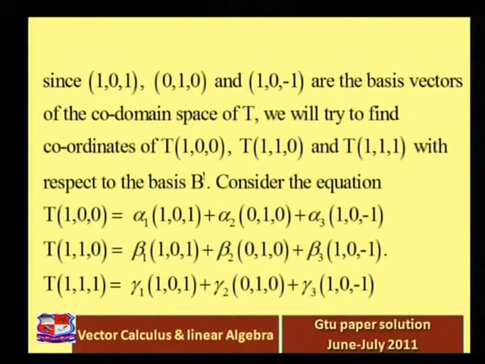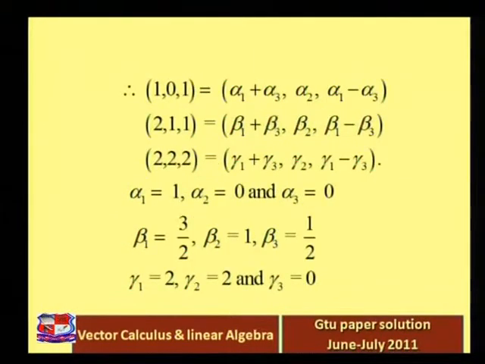To solve these equations, we already know T(1, 0, 0) is (1, 0, 1). So (1, 0, 1) equals (alpha 1 plus alpha 3, alpha 2, alpha 1 minus alpha 3). Similarly, (2, 1, 1) equals (beta 1 plus beta 3, beta 2, beta 1 minus beta 3), and (2, 2, 2) equals (gamma 1 plus gamma 3, gamma 2, gamma 1 minus gamma 3).